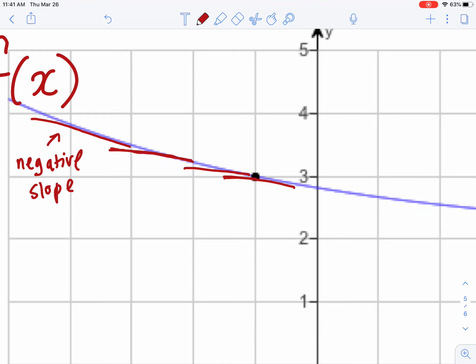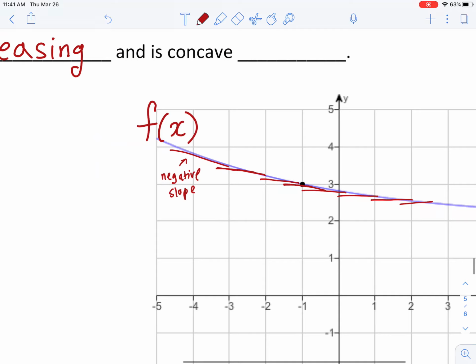But notice how it kind of leveled out. And then at that point, keep on going. If you follow this, notice at some point it's going to get a zero slope, a tangent line that has a slope of 0, and then it's going to start increasing. And that's how we tell concave up or down.